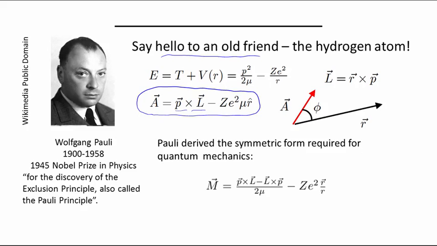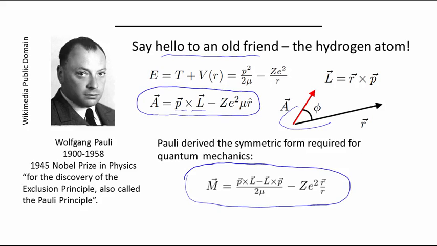This lies in the same plane as the position and the momentum classically, and it serves to define the elliptical orbit that the electron and the nucleus make about the center of mass.